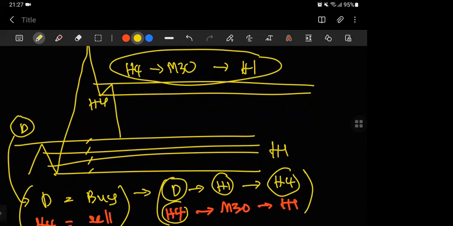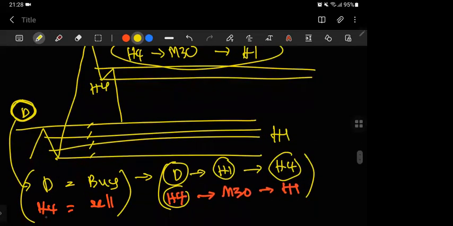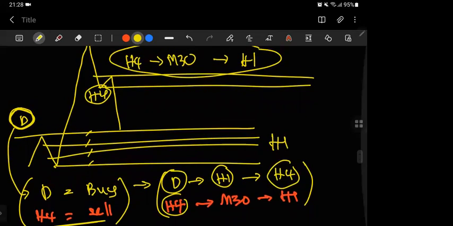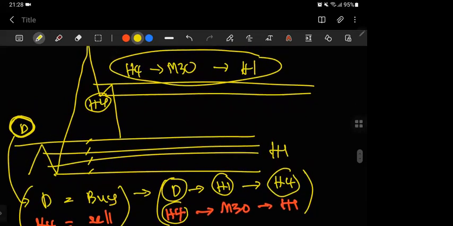So just like the daily, after we have the daily breakout, we have the daily as the buy, we're gonna mark the H4 for the sell, right? So on the H4 side, we should do the same. Because it's just the same thing.